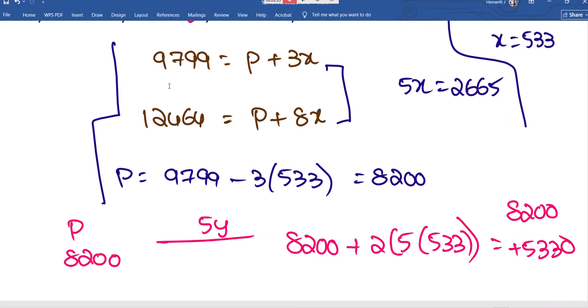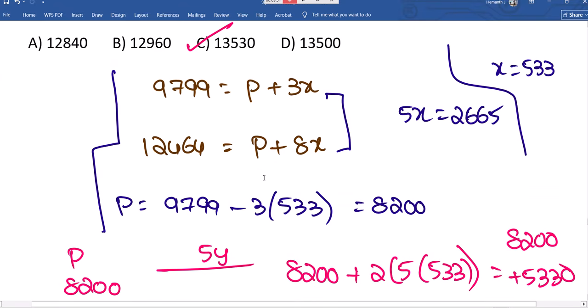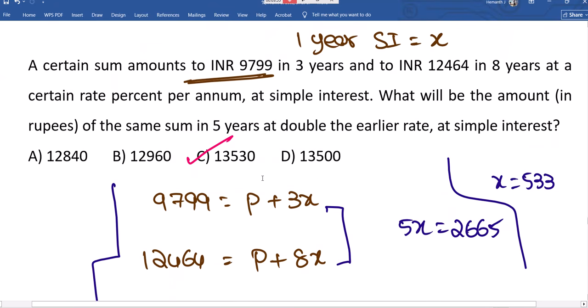Here, why you take 2 into 533 is because the rate of interest is doubled, so the interest will be double. This 5 is because of 5 years. I'm not calculating the rate of interest. That's the beauty of the concept. Otherwise you have to use a formula, but if you know the concept, think in a better way and we can minimize some steps.